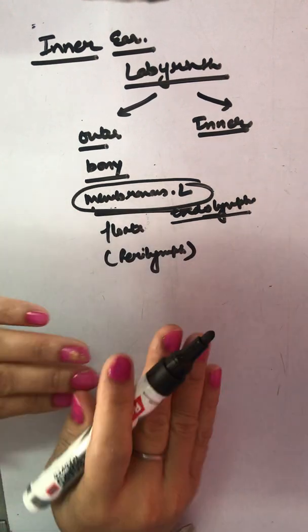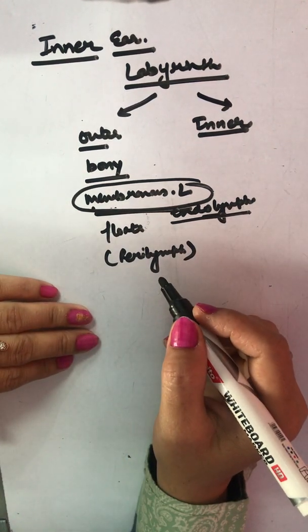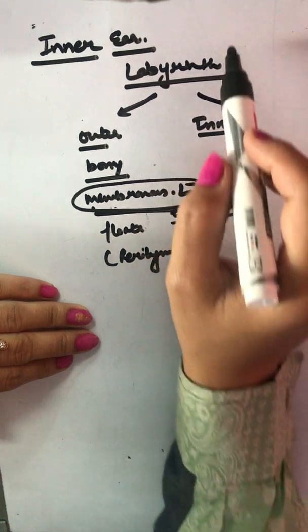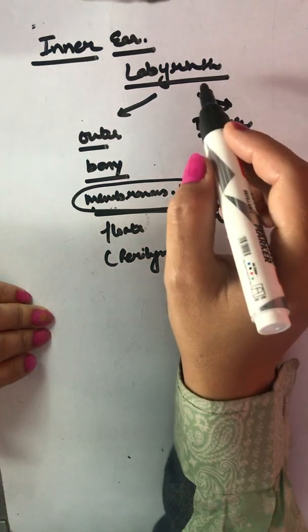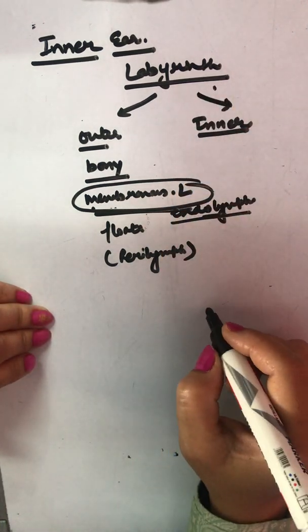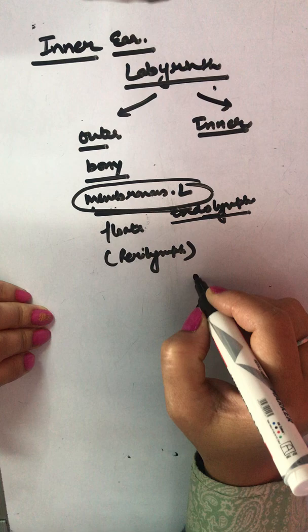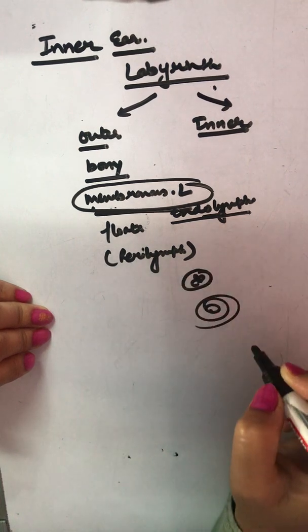Clear? Now, the cochlea. What is the cochlea? This labyrinth that we are talking about is further divided into the cochlea and the vestibular apparatus. If you remember, the cochlea, this worm-like projection, and the vestibules were drawn in blue.